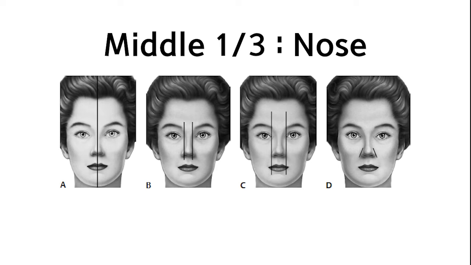If interalar width is wider than the intercanthal width, determine whether it is caused by the increased interalar width or alar flaring. Normal alar flaring in a white female is 2 mm wider than the alar base. If it is greater than this, alar base resection should be considered.